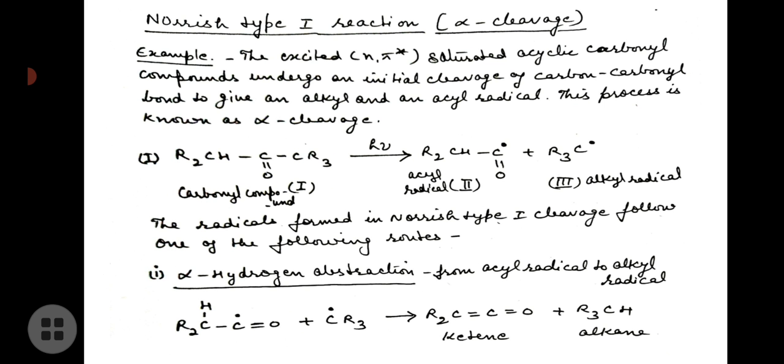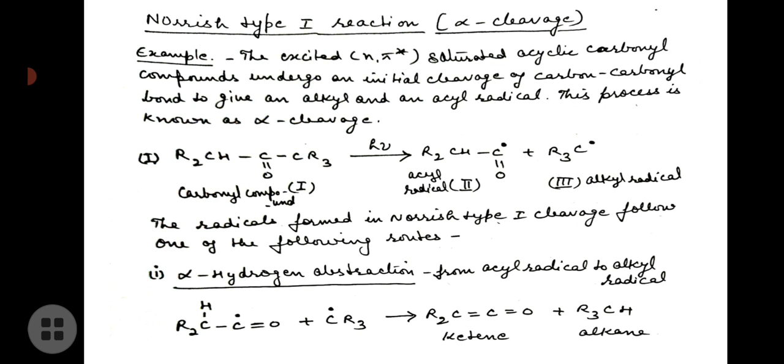We have seen it just now in the earlier examples also, and this is alpha cleavage. In the equation, first is the structure of a carbonyl compound, that is a ketone. It absorbs light and the formation of acyl radical and alkyl radical takes place.